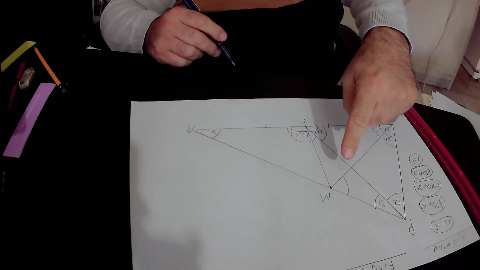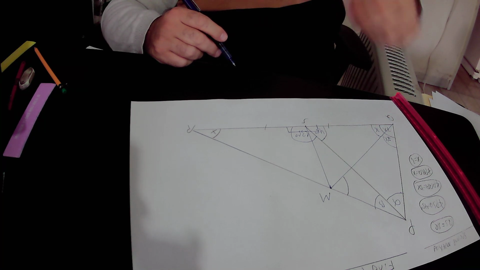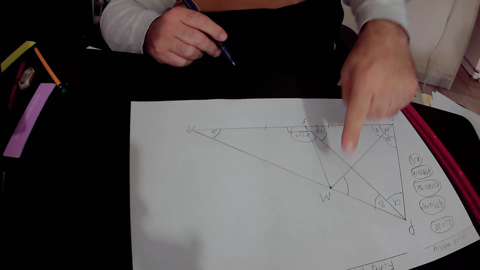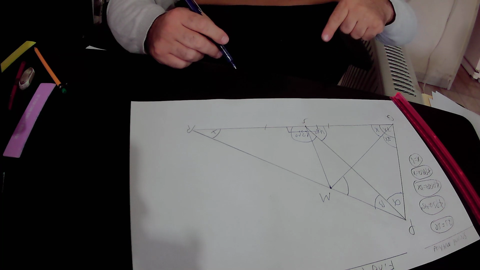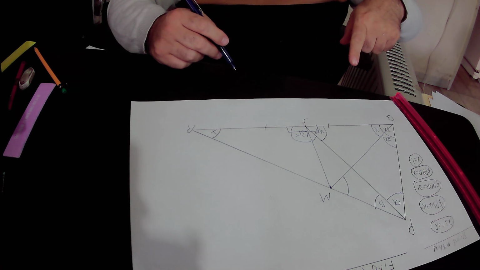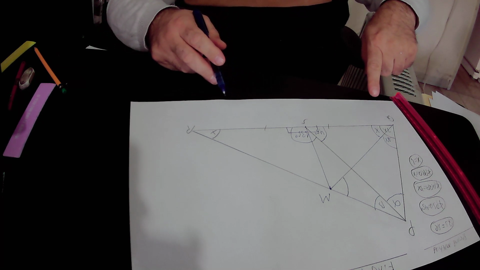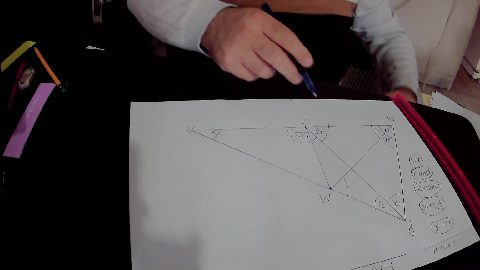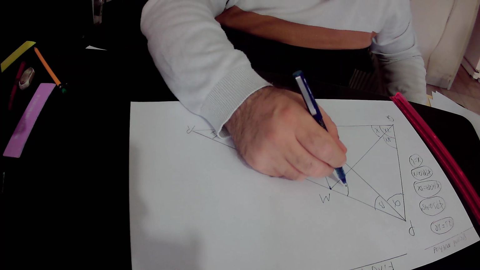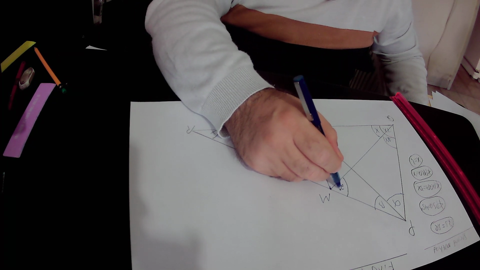The value of this angle is the sum of the angles that are not adjacent to it. The two angles that are not adjacent to this exterior angle are x and x, that is to say, the value of this angle is x plus x, which equals 2x.